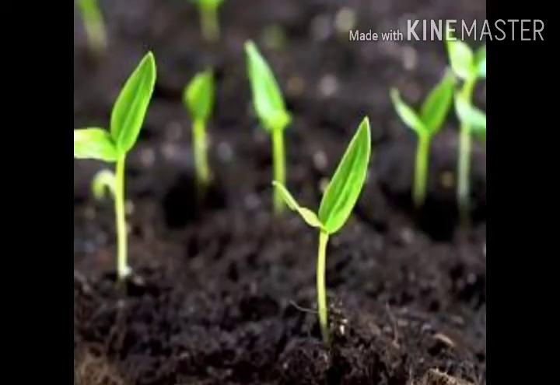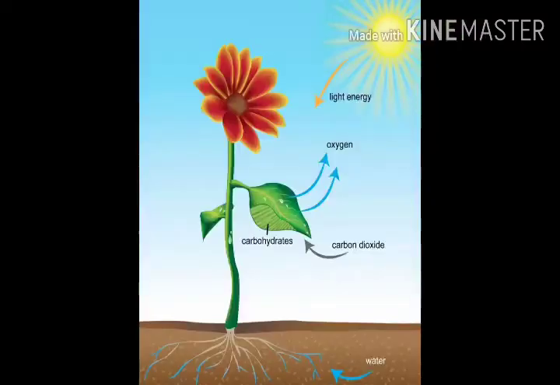Let's see in detail how plants prepare their food. The roots of the plant absorb water and minerals from the soil and transport them to the other parts of the plant. Energy from sunlight is trapped by the chlorophyll in the leaves. Carbon dioxide from the air enters through the stomata in the leaves.